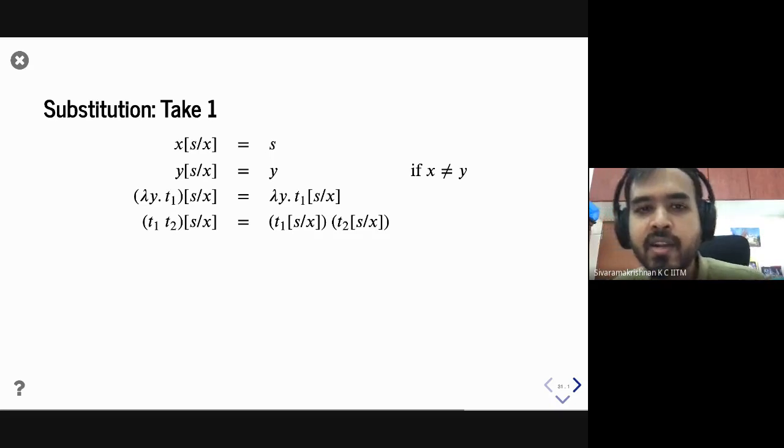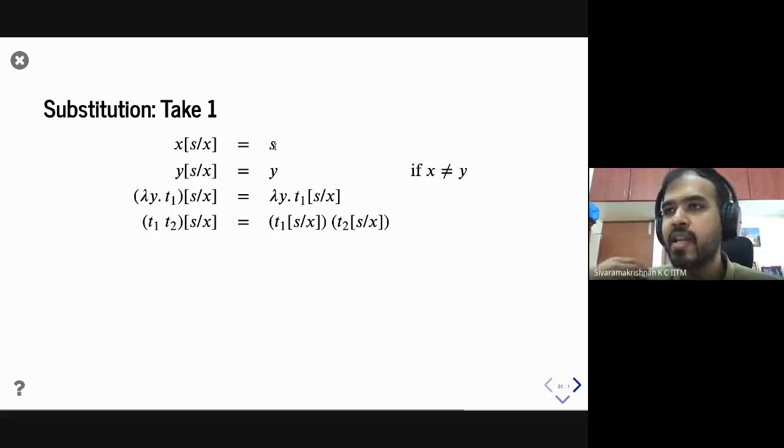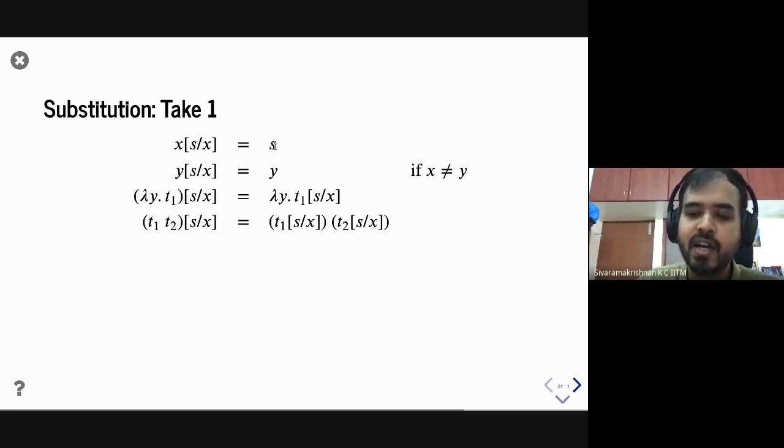It is not just a variable, it could be an arbitrary lambda term, any lambda term that you can conceive of. So if you are replacing X with S in X, then the result is S.